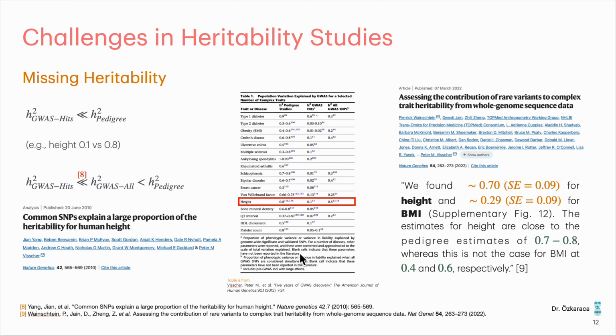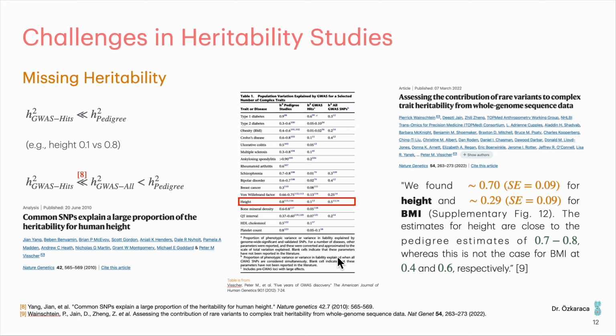And it also shows that a notable gap still remains between the pedigree estimates and GWAS estimates that use all SNPs. This remaining gap is referred to as still missing heritability.